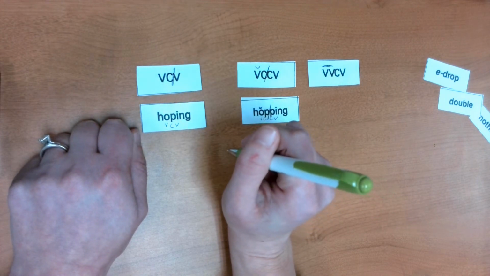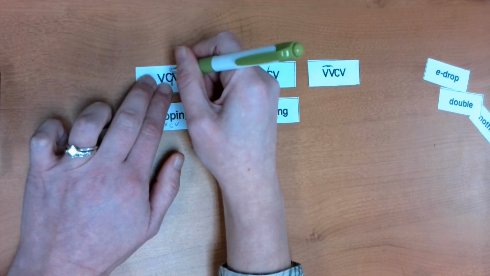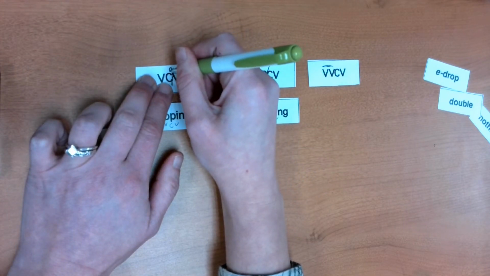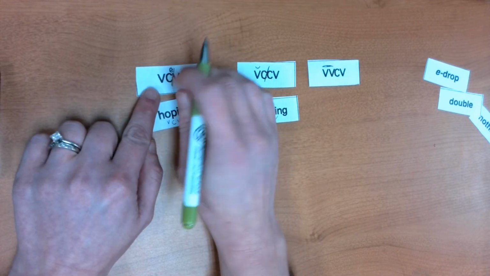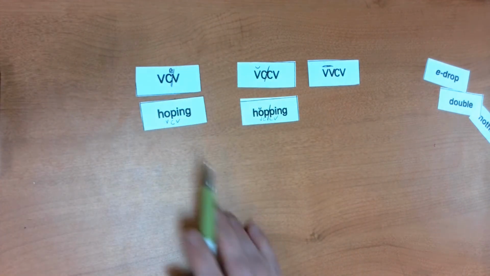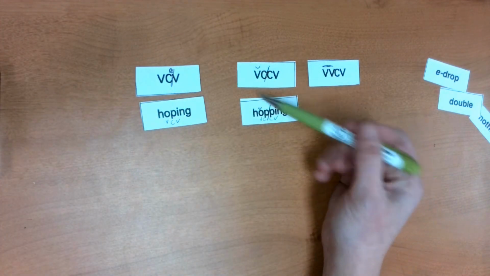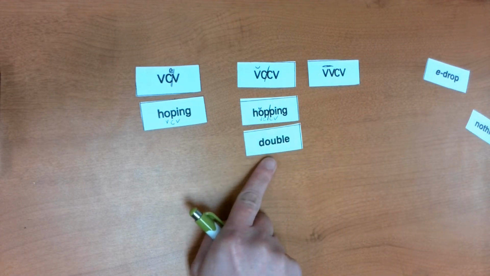What happened? We had a silent E, didn't we? We had a silent E that we dropped in order to keep that vowel sound long. Hoping. So that's what's so important with this doubling rule right here. That doubling rule that's being used here for hopping.